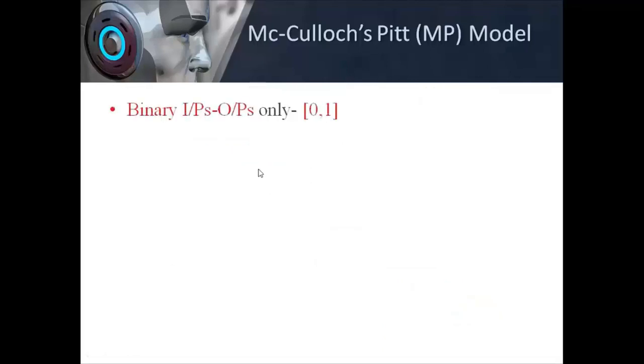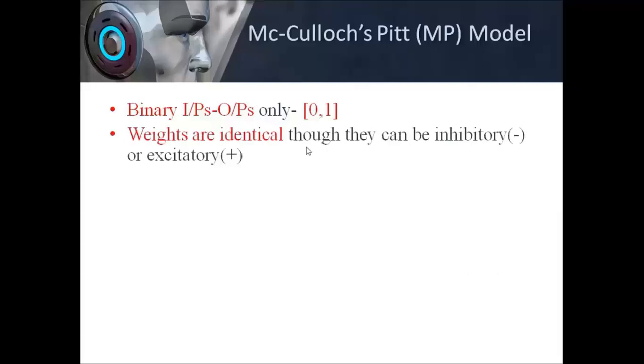Coming to the characteristics of the MP model, it takes only binary inputs, that is inputs x1, x2 up to xn can either be 0 or 1. Similarly, the output can also be 0 or 1. If the threshold is crossed by the summed potential of all the inputs coming to the neuron, then the output is 1. But if the summed potential is less than the threshold, the output is 0. Weights have to be identical, but they can be inhibitory or excitatory.